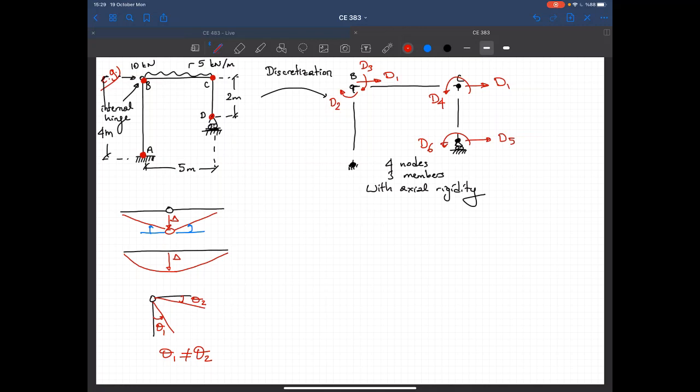So basically in this structure we have 6 degrees of freedom. If you want, you can repeat it for the no axial deformation case.